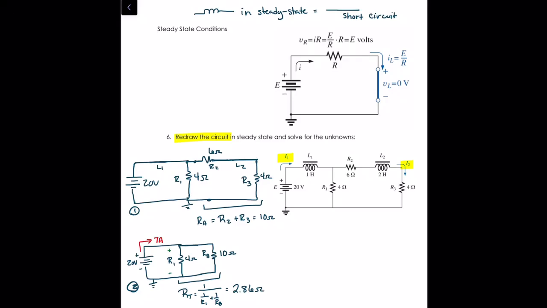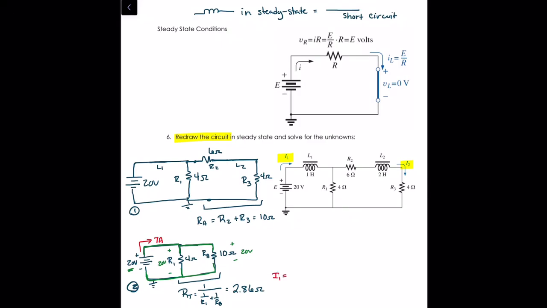So both of these resistors are going to see 20 volts voltage drop across them because they're in parallel not only with each other but with the source as well. Remember, parallel means that they're connected on one side and connected on the other. So parallel resistors are connected on both sides. So what that allows us to do is find our currents.